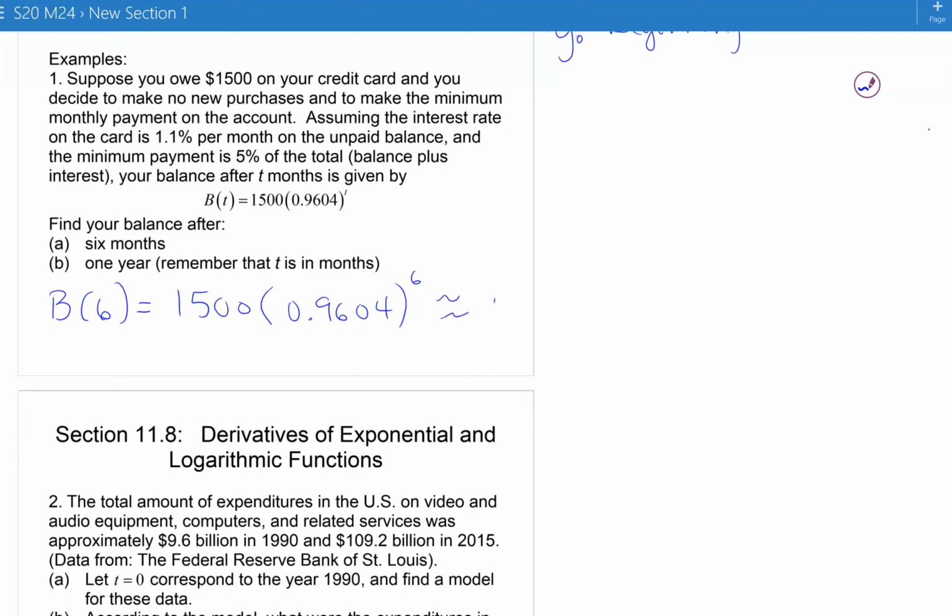And I'm getting 1177.08. That would be your remaining balance after paying the minimum payment only for 6 months.